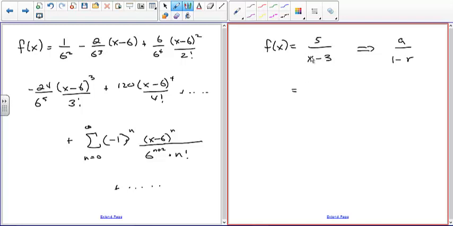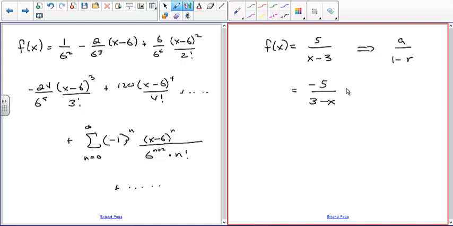So if this is positive instead of negative, if it was 3 minus x, we'd be great, but we have x minus 3, so you're going to factor out a negative sign, so it'll be 3 minus x. If it was already 3 minus x, 5 over 3 minus x, we could skip that step.